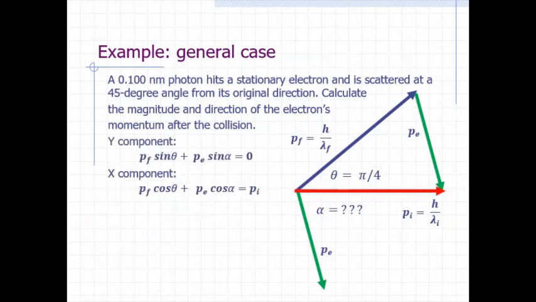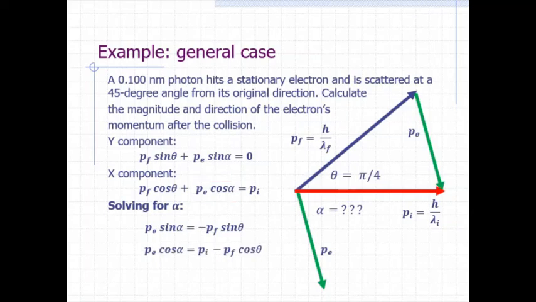Let's see how we can determine alpha. Let's rearrange the expression for the y components so that only the component for vector p sub e is on the left-hand side. We get p sub e times sine alpha is equal to negative p sub f times sine theta. Similarly, we rearrange the expression for the x components so that only the component for the electron momentum is on the left-hand side.